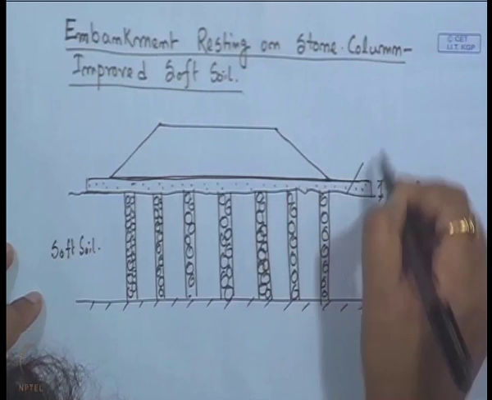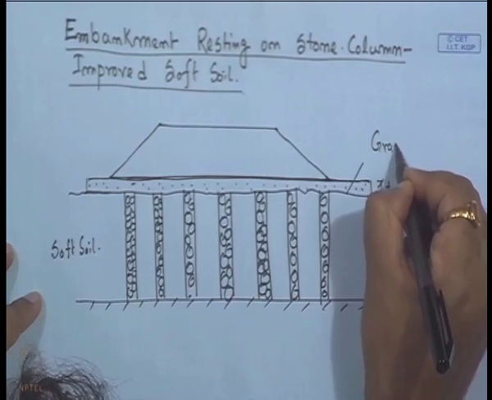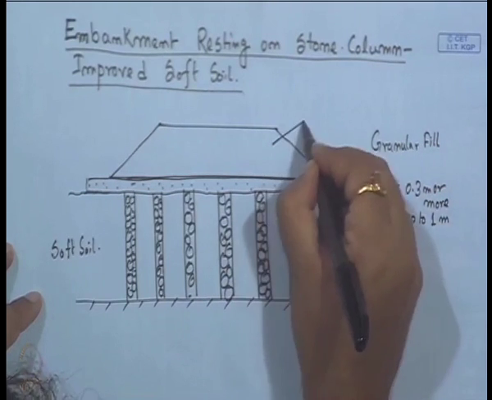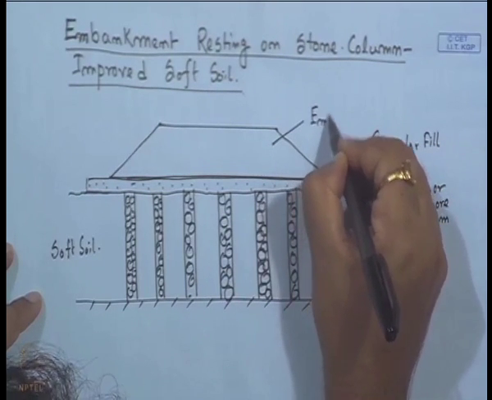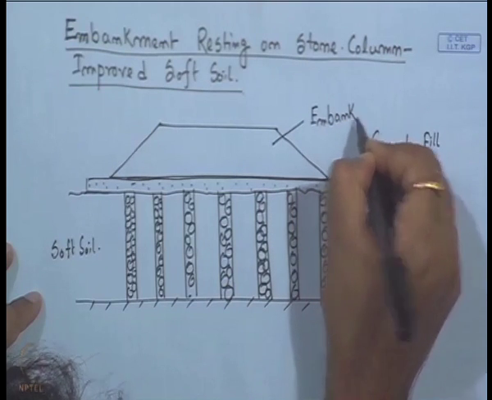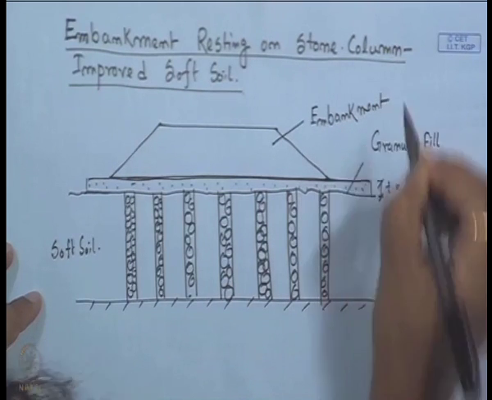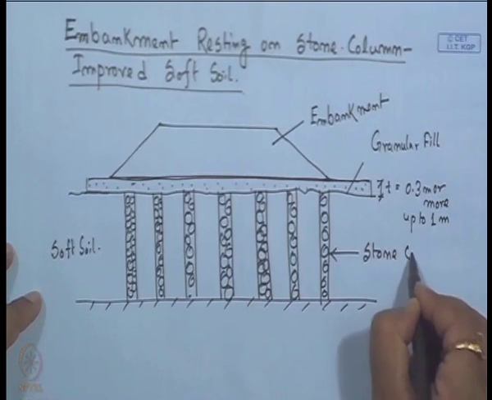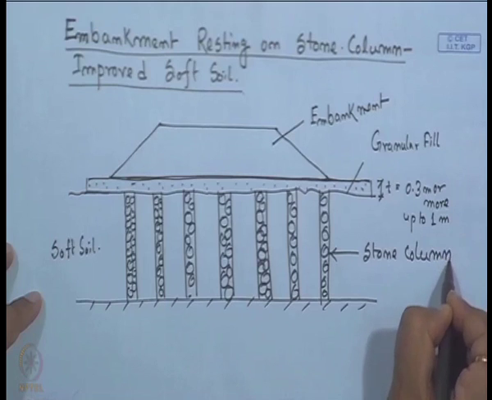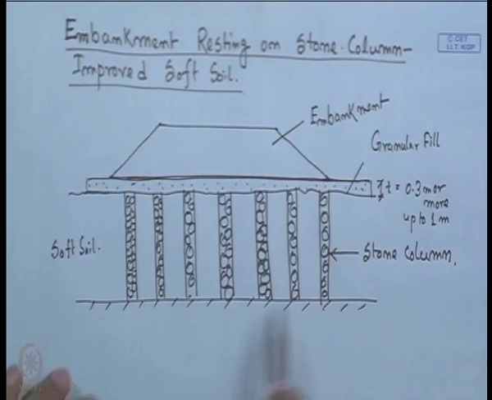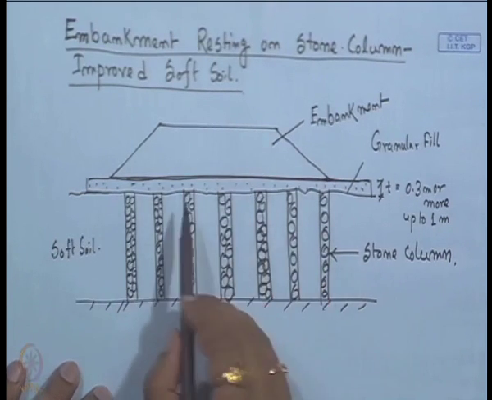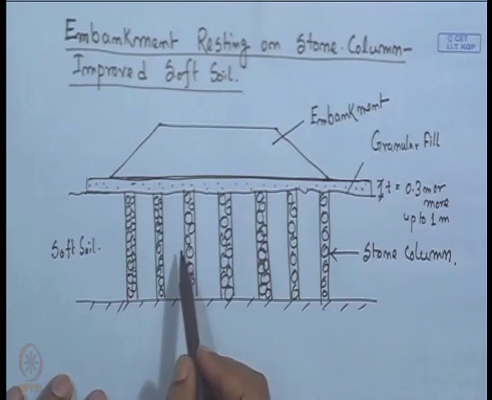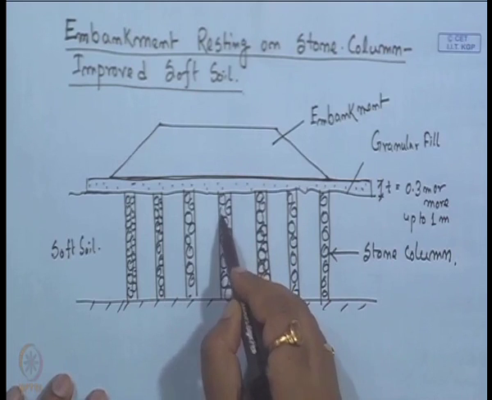This is the granular layer, granular fill, this is the embankment, this is the stone column. Once this ground is improved, then you can construct the embankment over this ground. That means first this soil is improved by using stone columns.